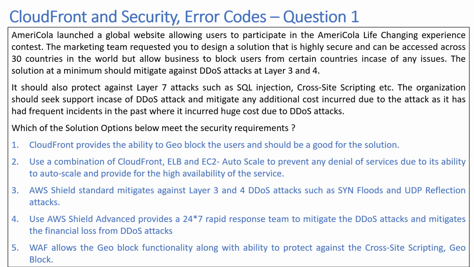Okay, so what are the key things that the solution design needs? Let's take a look at that. First, it should be able to block users from certain countries in case of any issues. The second one, it should be able to mitigate the DDoS attacks at layer 3 and layer 4.